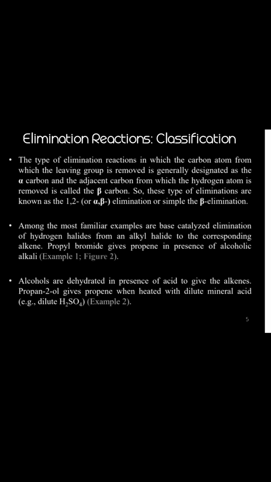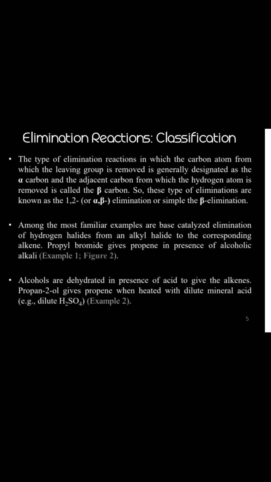In an elimination reaction, the alpha carbon is that carbon from which the leaving group leaves, and the beta carbon is that carbon from which hydrogen leaves. This is all about the alpha and beta carbon, and such a type of elimination reaction is called 1,2 or alpha beta, or simply beta elimination.